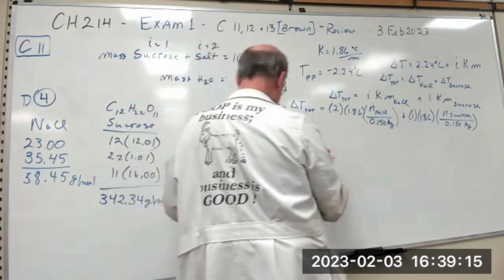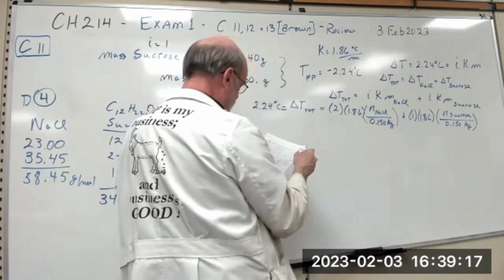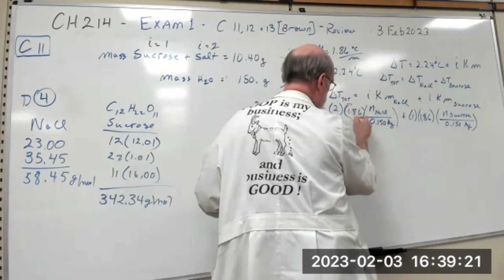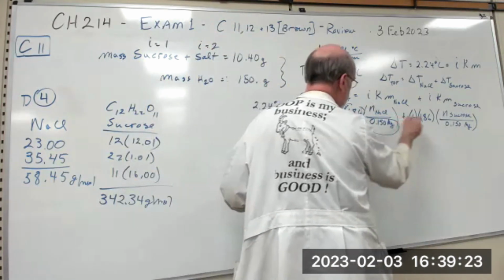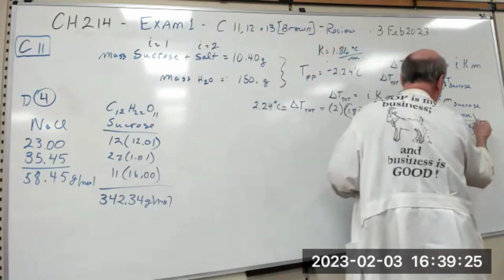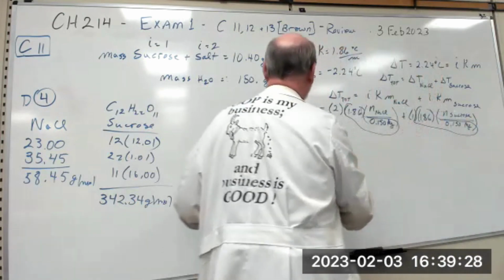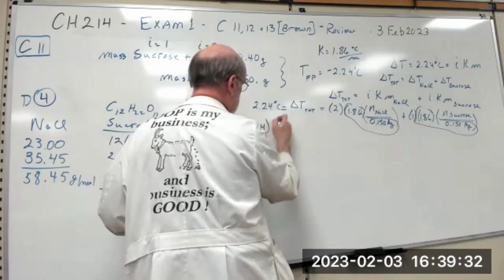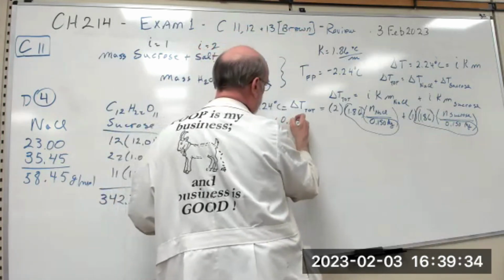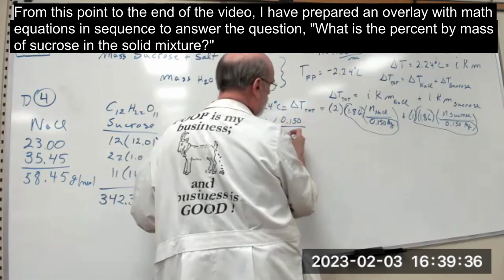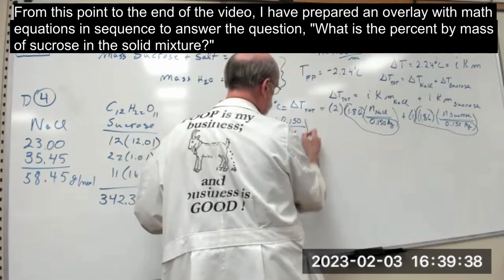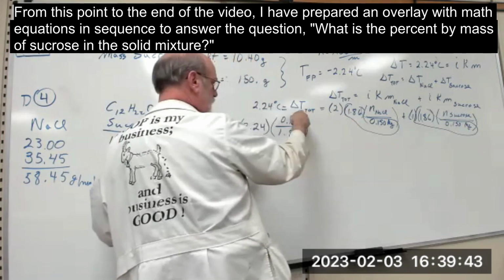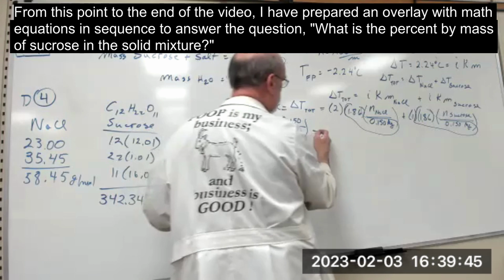So if we factor these two things out right here, this one and that one, it's the same for both of them, right? So we can bring this much out, and we can say 2.24 times 0.15 over 1.86, right? Because this goes into the denominator, this goes into the numerator, times this value. And what does that leave us?